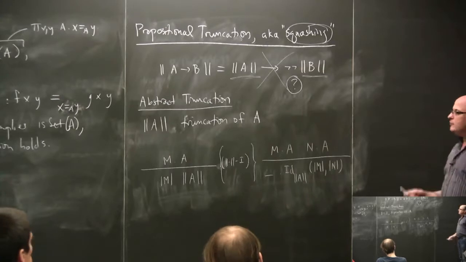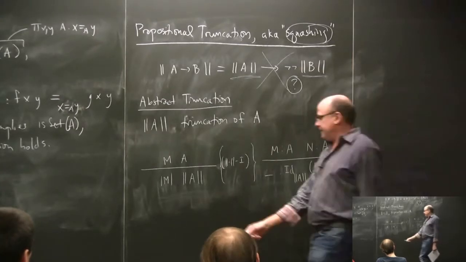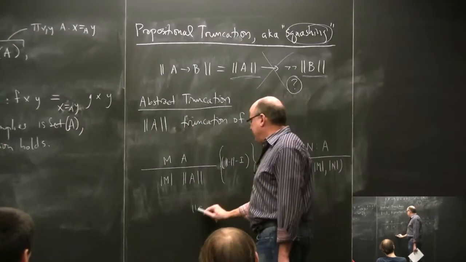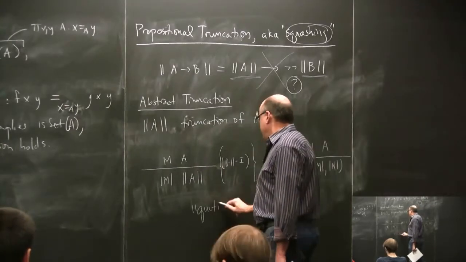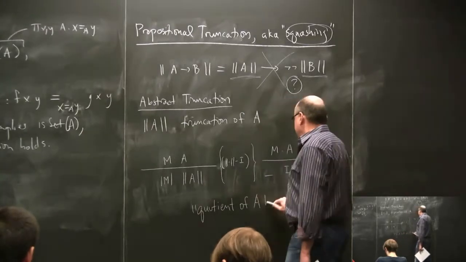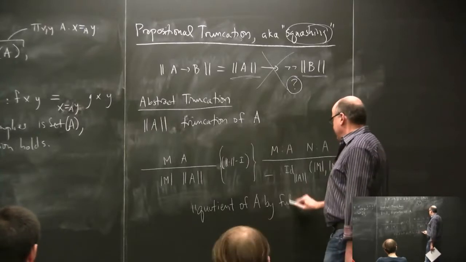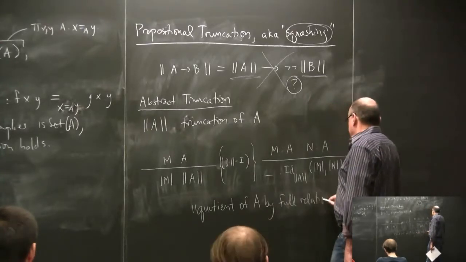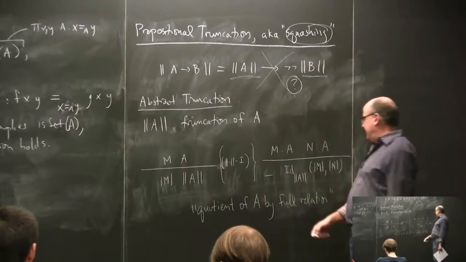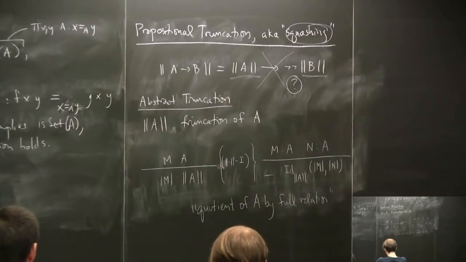Okay, so what I want you to see here is that I'm essentially forming a quotient. So this is the quotient of A by the full relation. I don't know what notation to use for the full relation. You could loosely say A cross A, but anyway, the full relation, okay?